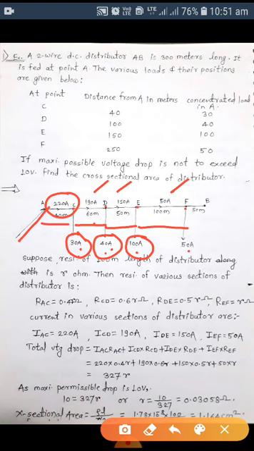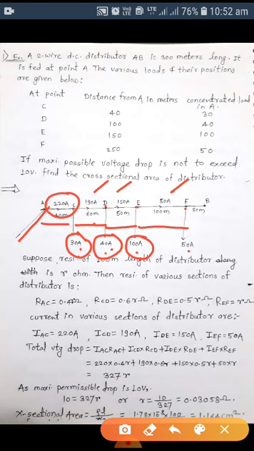Then the resistance of various sections of distributor will be, as we have the resistance of 100 meter length is R ohm, to find the resistance of 40 meter, that is section AC, RAC is 0.4 into R ohm.